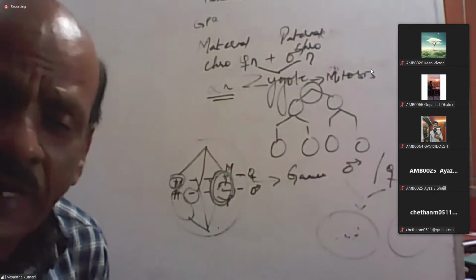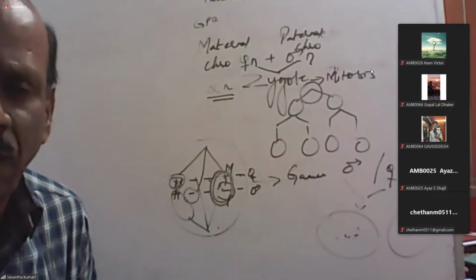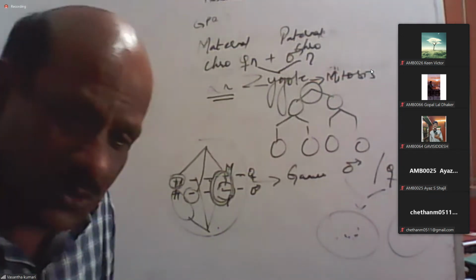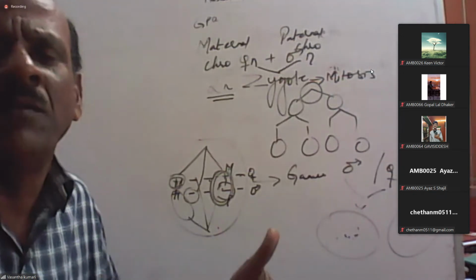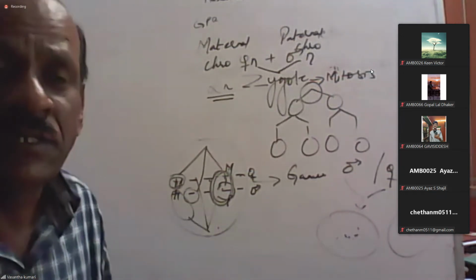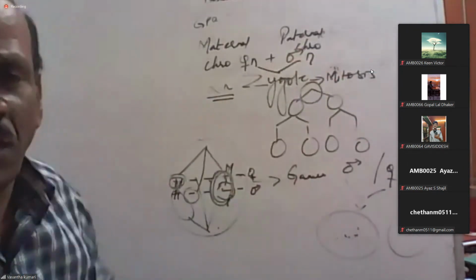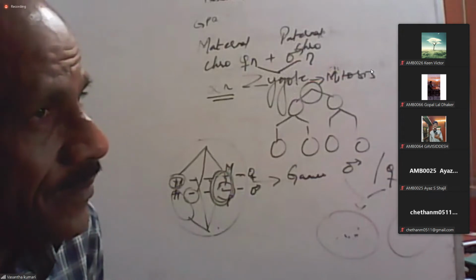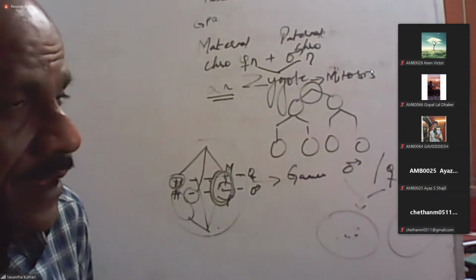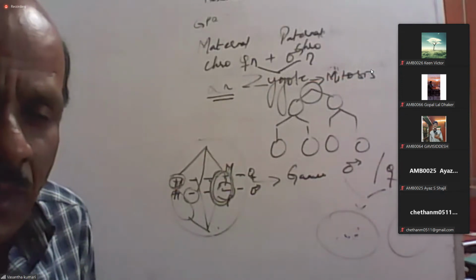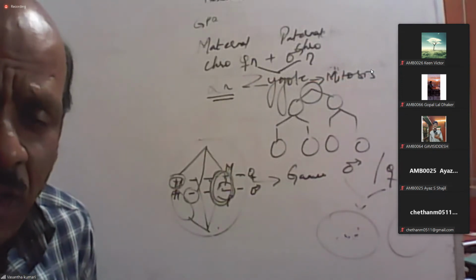Two brothers are not identical genetically. If there are 10 siblings, all 10 siblings are not genetically similar. That is variation. Is that clear? What kind of variation is that? That is called hereditary variation.